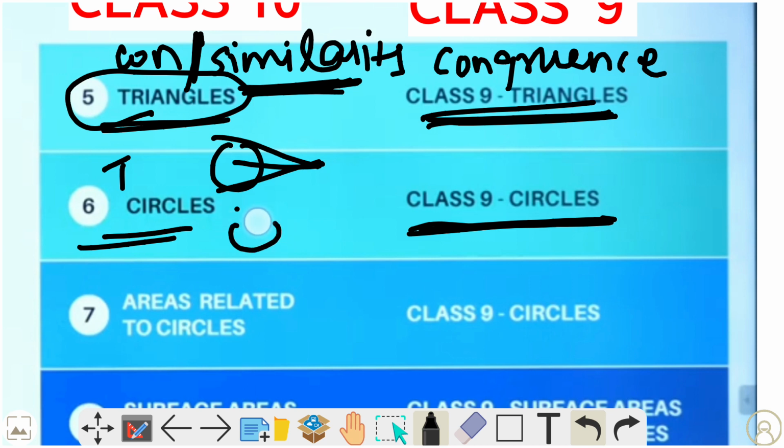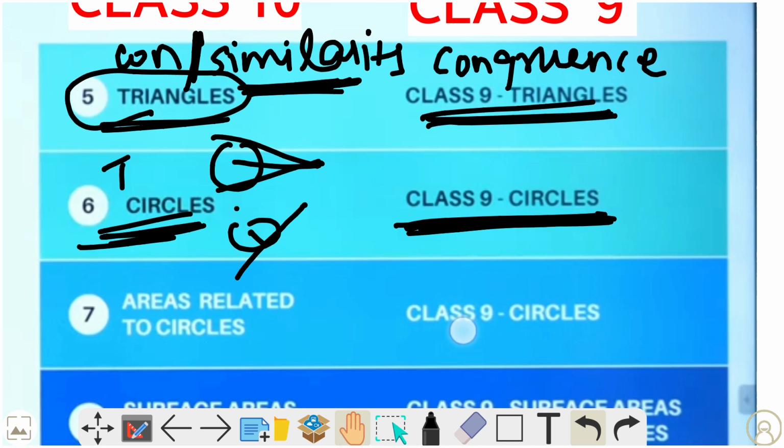And another theorem: the tangent is perpendicular to the radius. So these two theorems you have in 10th standard. In class 9 you have angle subtended by arc, chord, that kind of stuff you have studied. So in class 10 you have only two theorems in circles.